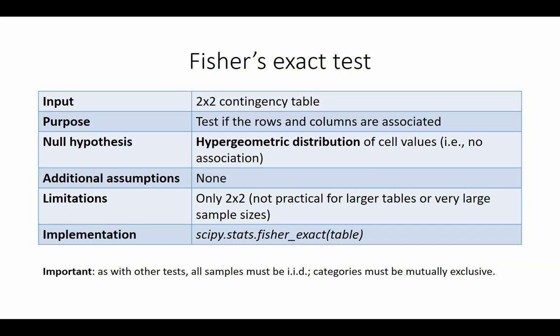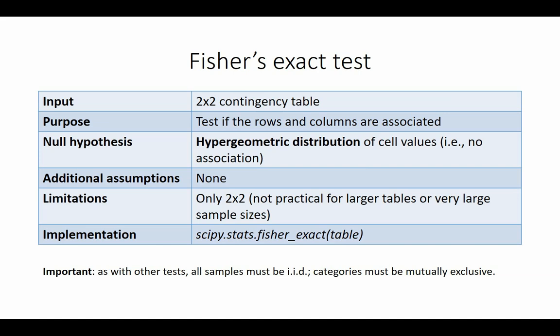A hypergeometric distribution is what we get when you have two binomial distributions, for the rows and columns, which are independent. Their combination would be that distribution. The nice thing about it is that you don't need any additional assumptions. It is exactly modeled the right way. So unlike many of the parametric tests that we saw, we don't assume any approximation to normal distributions or anything like that.